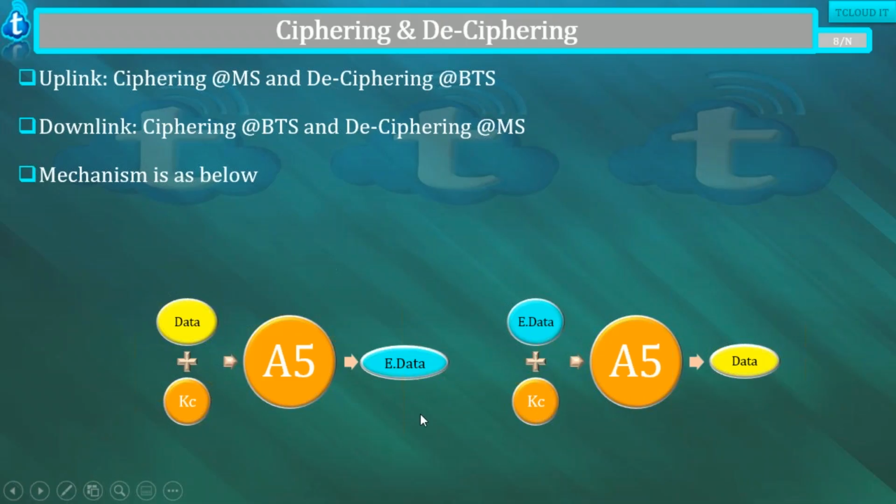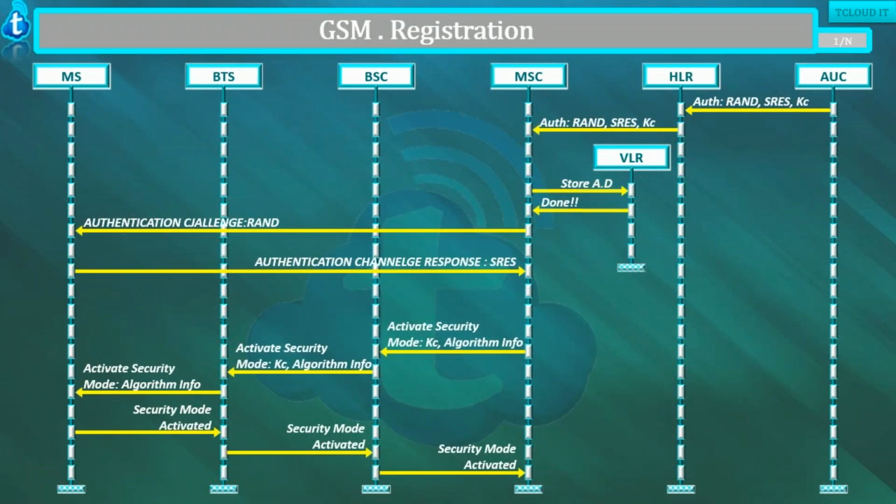From our previous step, when MSC forwarded this activate security mode, it sent this KC to BSC. BSC sent this KC to BTS. BTS has this KC right now. And the mobile station, when it got this random number, already calculated that KC with the help of the A8 algorithm.